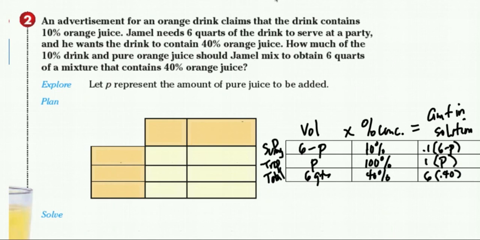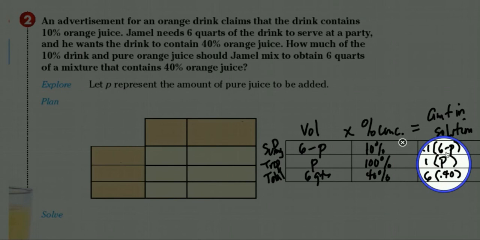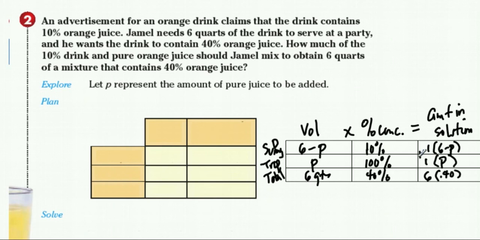So what do you notice? Again, in an organizational chart, this is where we get our equation. The last column is where we get our equation, meaning that when we add the first row to the second row, it should equal the last row.